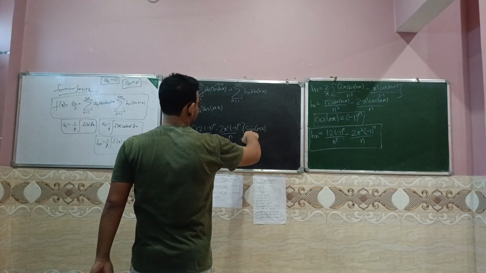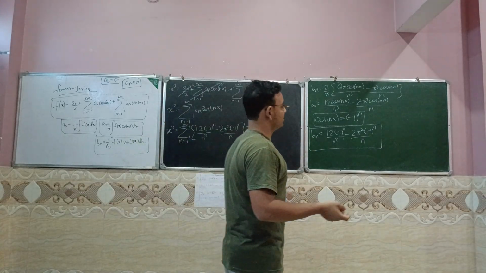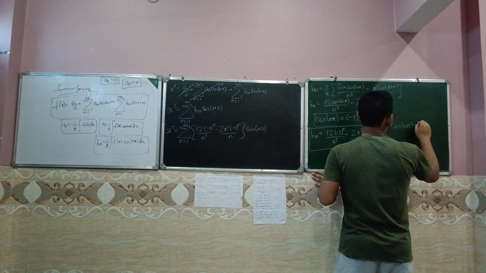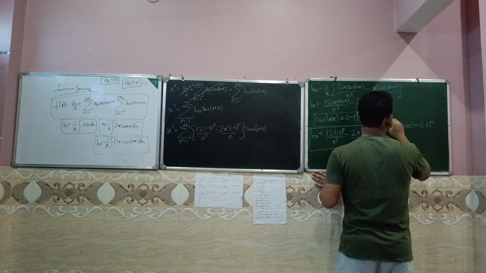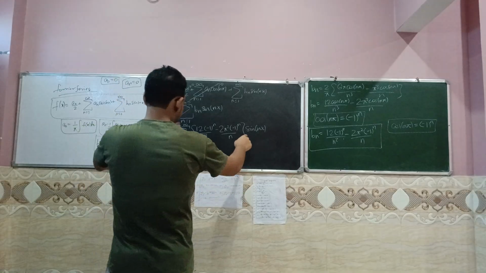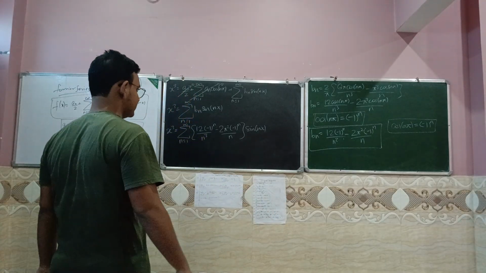Remember, we had cos of n pi as negative 1 to the n, a general form of representation when x is pi. But for this thing, we have nothing.